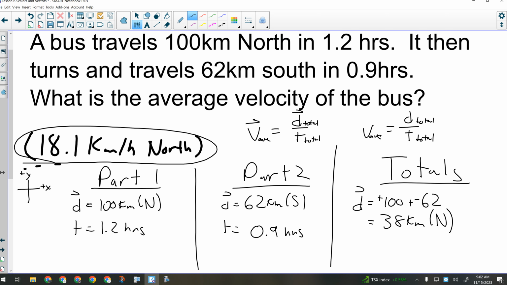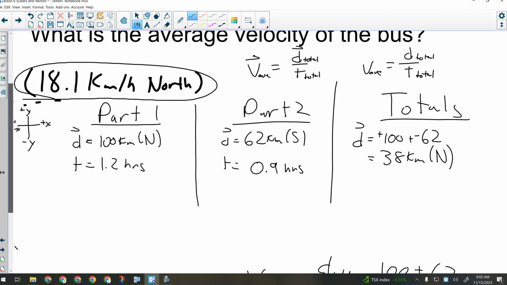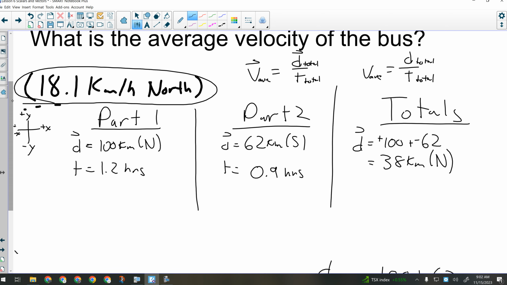I don't know if you've done this yet in math or not. I'm gonna run out of room. Positive y is up, positive x is to the right, negative y is down, and negative x is to the left. Well, if this was a compass rose, that would be north, east, south, and west. So typically north is positive, south is negative. All right, so when I do this, I've now got my total displacement, okay?